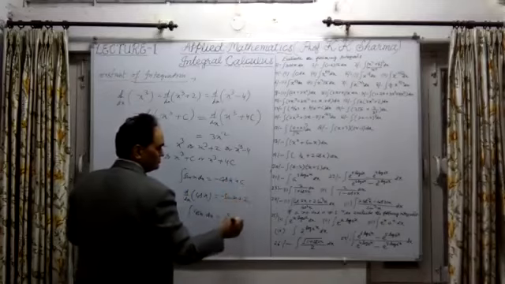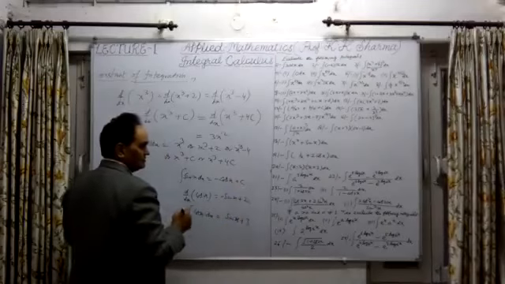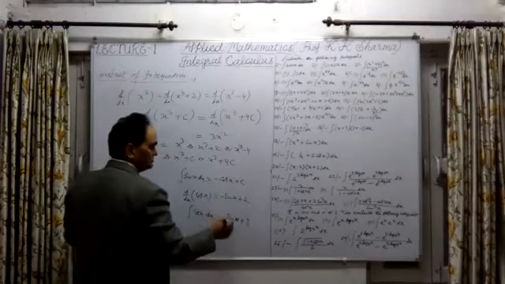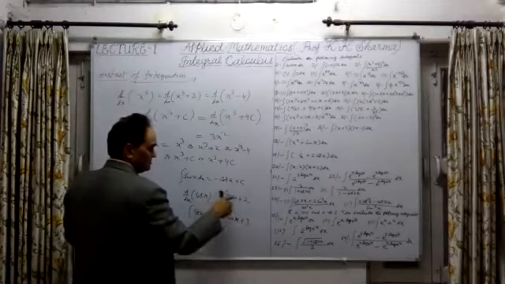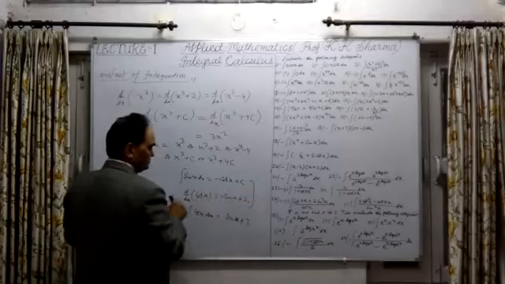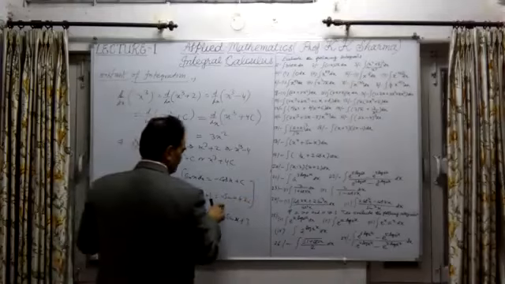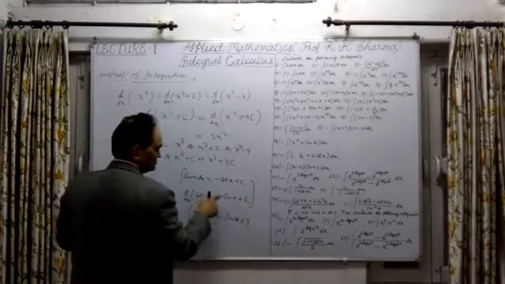If I write plus 2, or plus 3 here, the differentiation of all these functions will be the same. So these will have the same derivative: d/dx of this is sin x, which is equal to this.